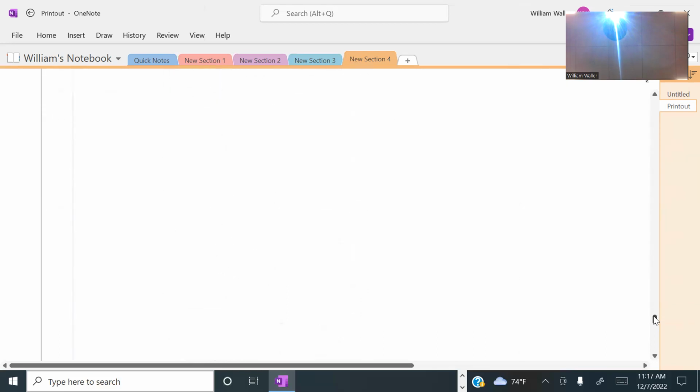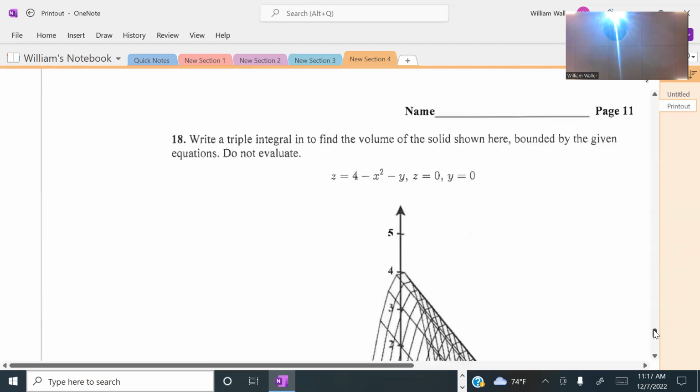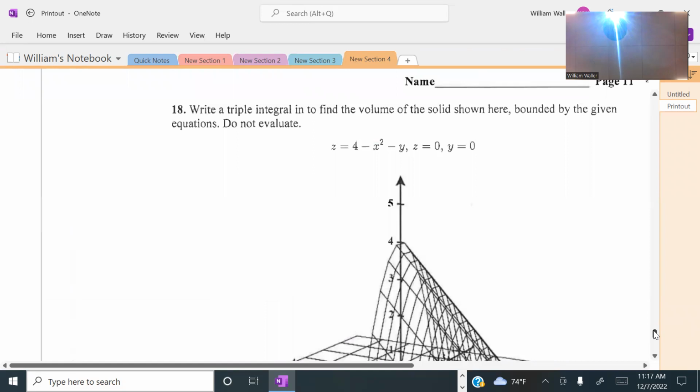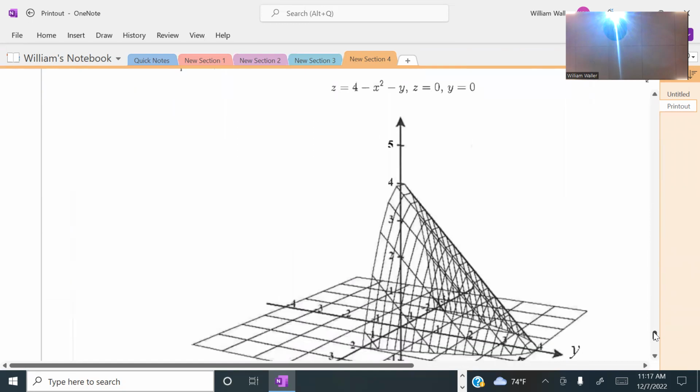Okay, guys, last problem. Triple integral. Yuck. We're trying to find the volume of this thing, in other words, the volume under this surface down to the xy plane.